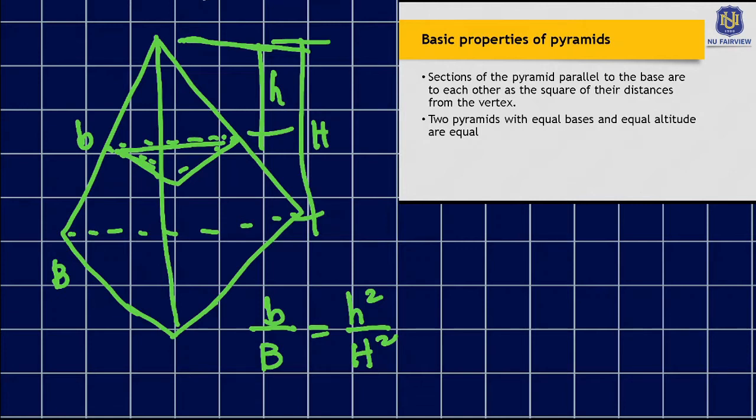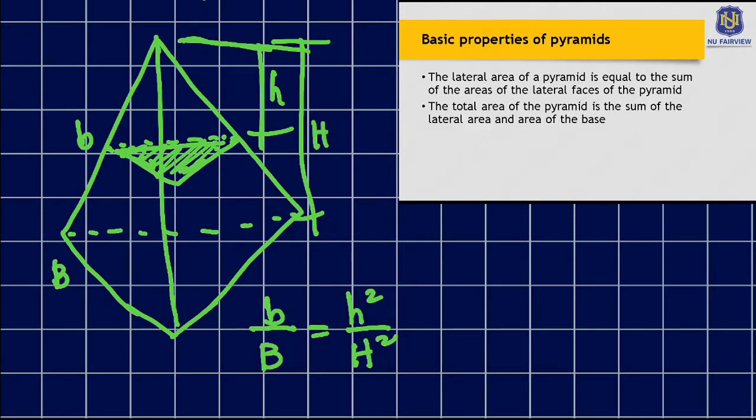Now, the next property: two pyramids with equal bases. So, when their bases are equal and their heights are equal, of course, they are equal. Okay.